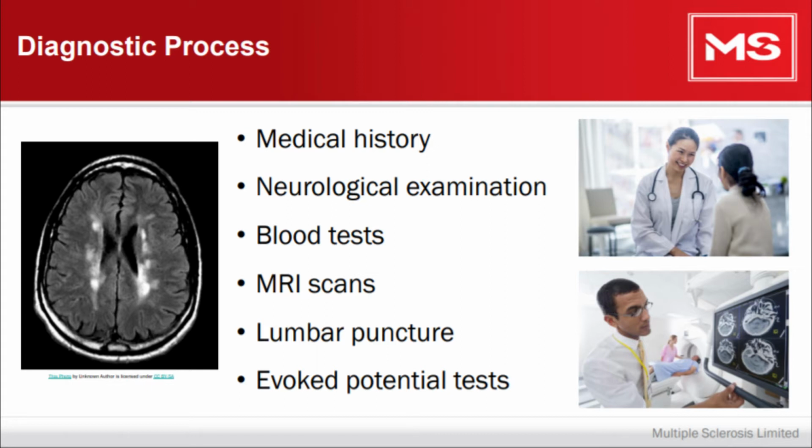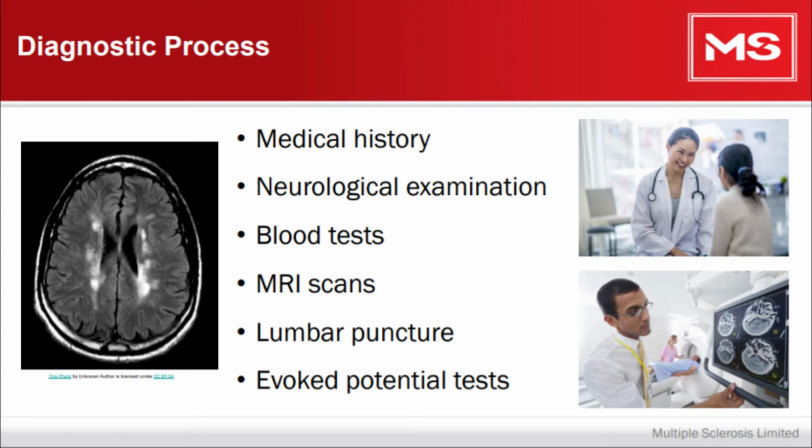You may also have a lumbar puncture, where a small amount of fluid, the cerebrospinal fluid, is extracted, and the lab will look at that fluid, looking for something called oligoclonal bands, which we saw in that previous slide. If I just go back, that might be considered an oligoclonal band.